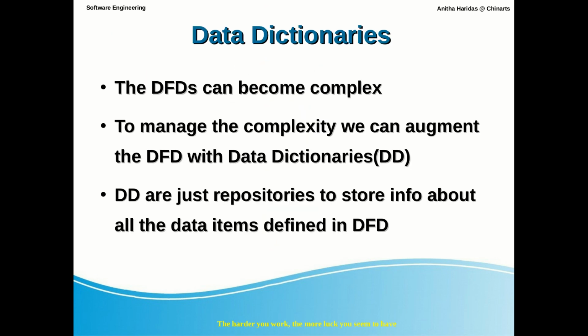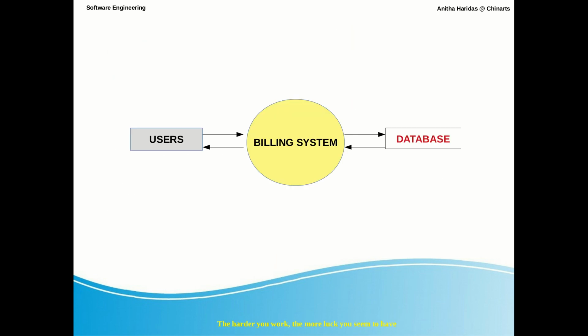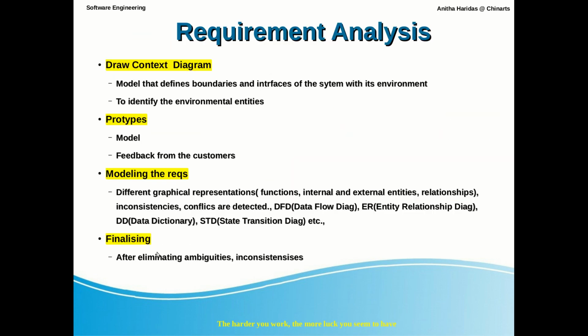Now another notation that is used in requirement analysis, we have seen in the requirement analysis, drawing context diagram is the first step. Prototyping is an optional where you can create some models for your system. Then the third step is modeling the requirements. The modeling the requirements will give you different graphical representations, and we have seen data flow diagram.